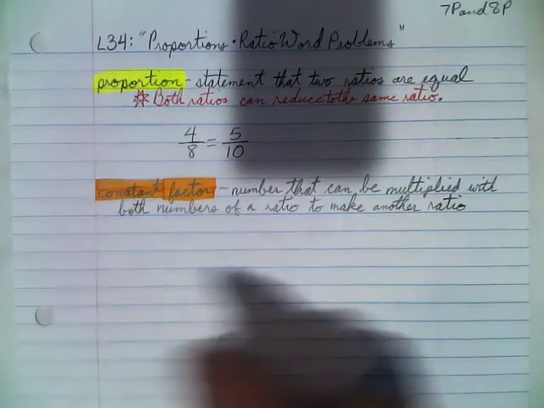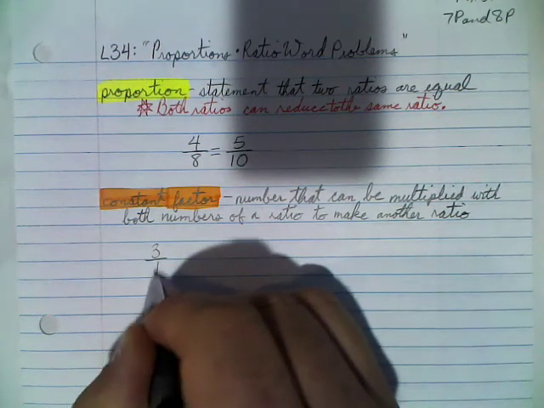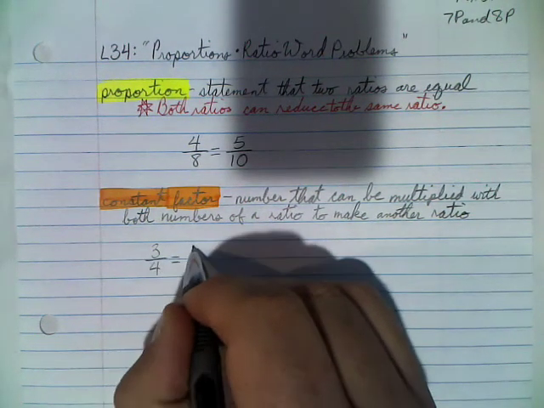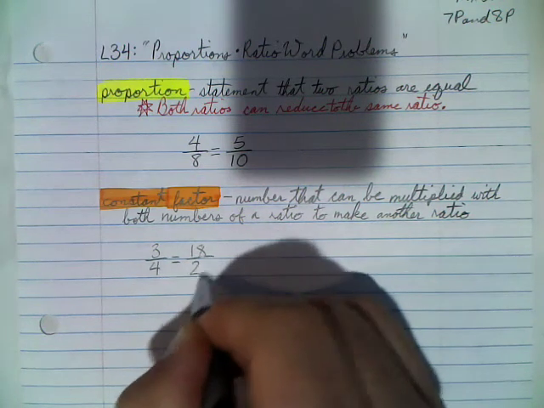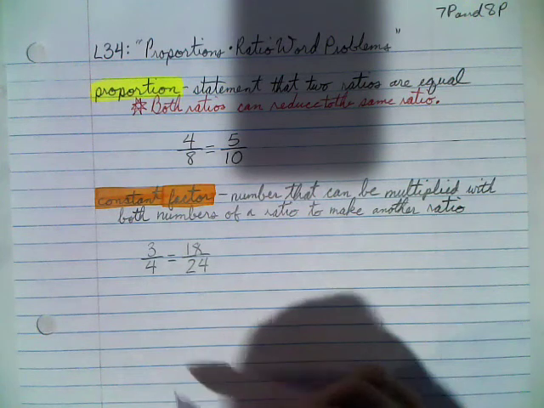So, by way of example, we know that 3/4 is equal to 18/24, because 18/24 would reduce to 3/4.